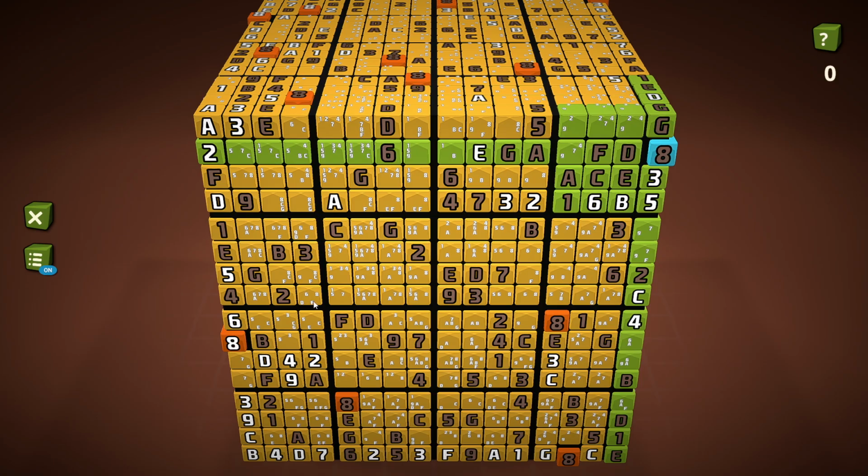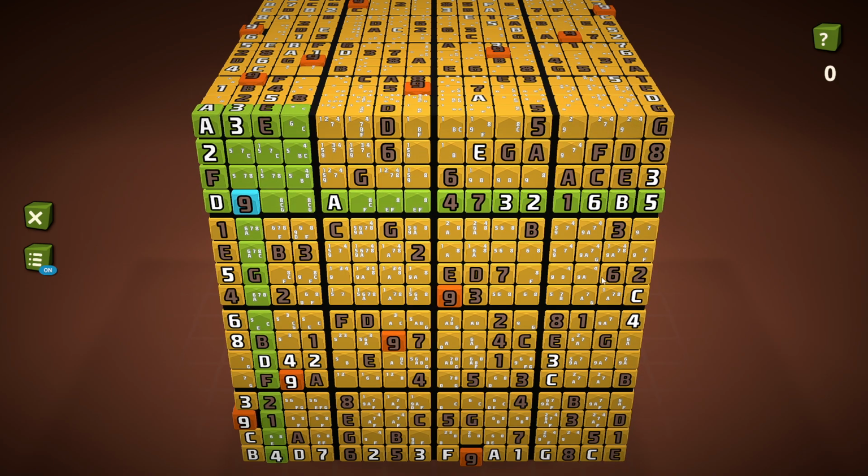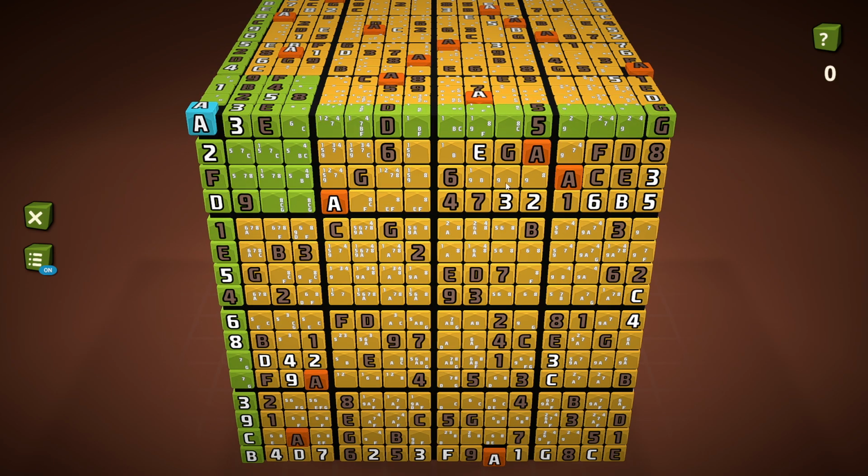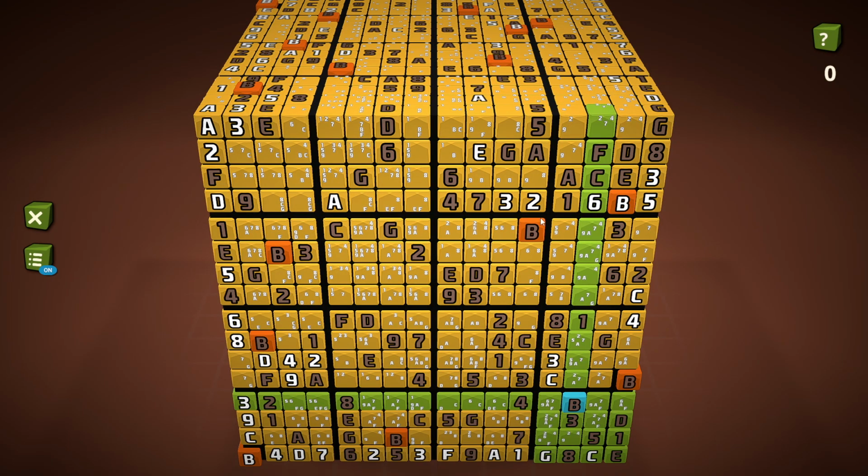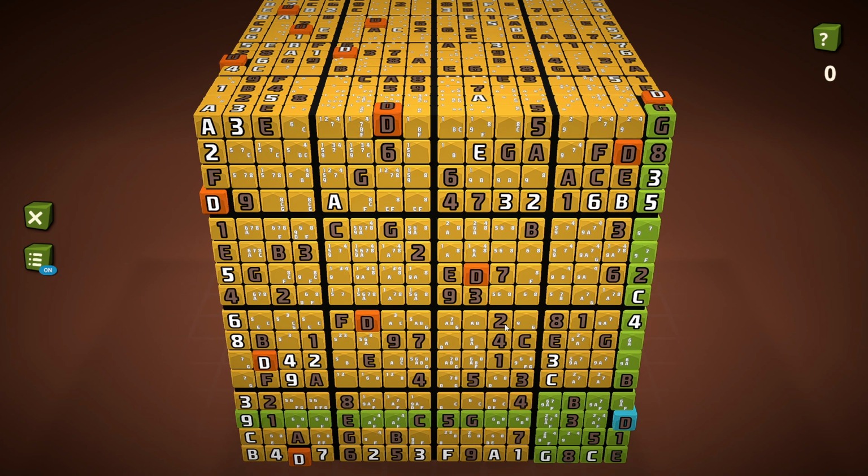Column is missing a 9, right? Yeah, that could be a 9. None of those. Both of these could be 9s, but not that. We have an A. B. We do have a B. And a C. And then the column is missing the D. One of these two has to be that.